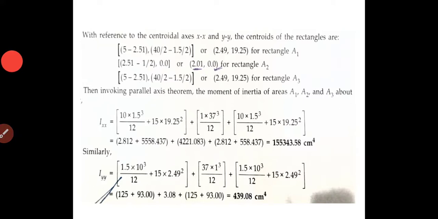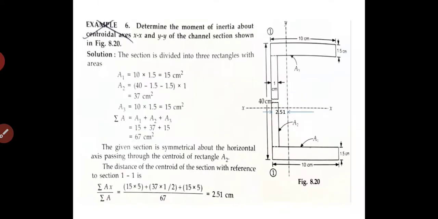With reference to centroidal axis xx and yy, the centroids of rectangles are as given below. 5 minus 2.51 and 40 by 2 minus 1.5 by 2, that is 2.49 and 19.25 for A1.